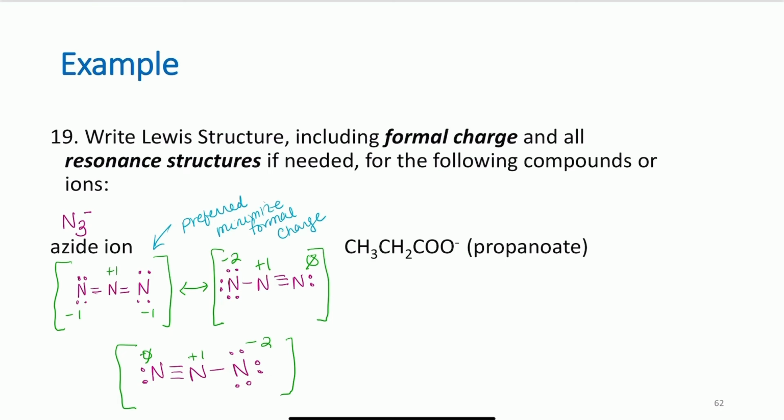What about CH3, CH2, COO minus? This is propanoate. Propanoate is a conjugate base of an acid. You're going to learn about this next semester.